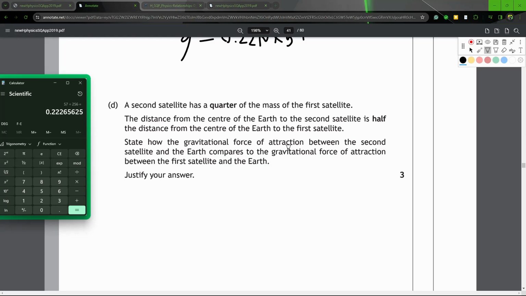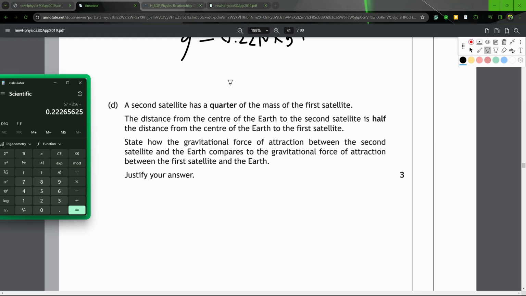Right. For this one, I would recommend doing it by calculation, because I prefer it, but essentially the answer we'll get is that they'll both be the same.